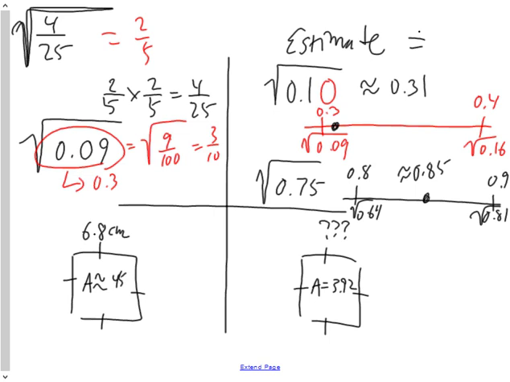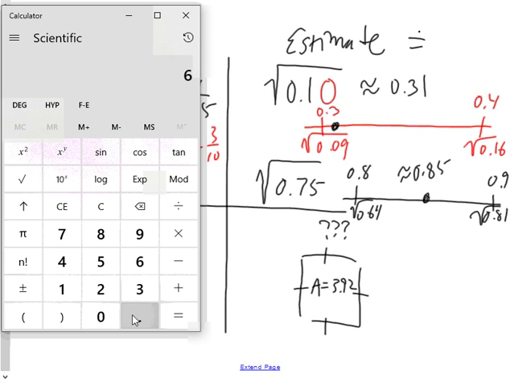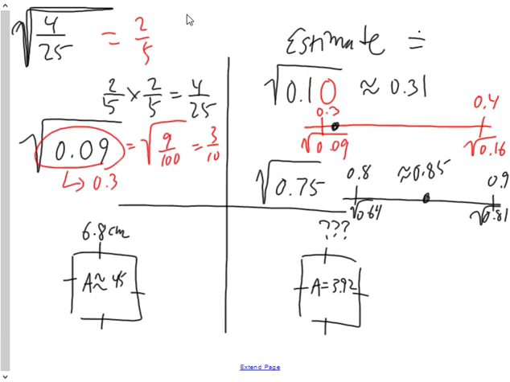Let's go with 45. Since if the side length was 7, it would be 49, it stands to reason 6.8 might be something around 45. Grab a calculator. 6.8 multiplied by itself, or squaring it, is 46.24. So I was off a little bit. I was off by 1.